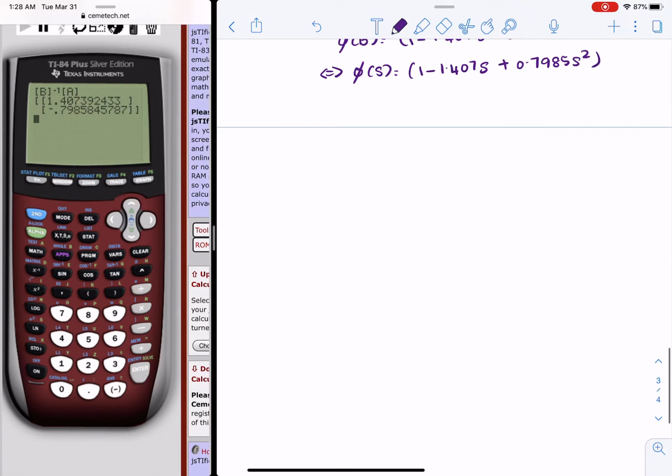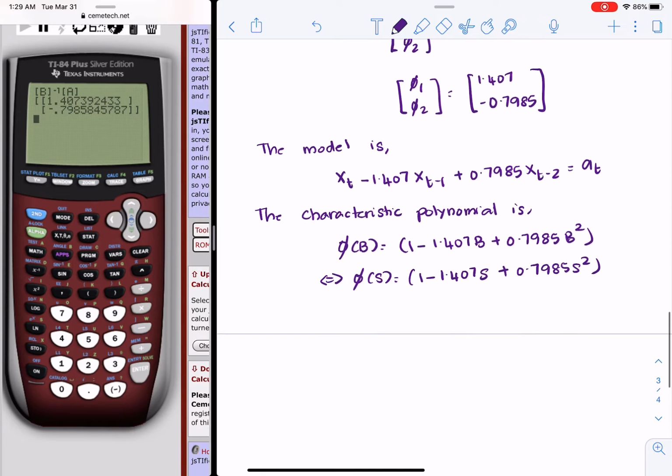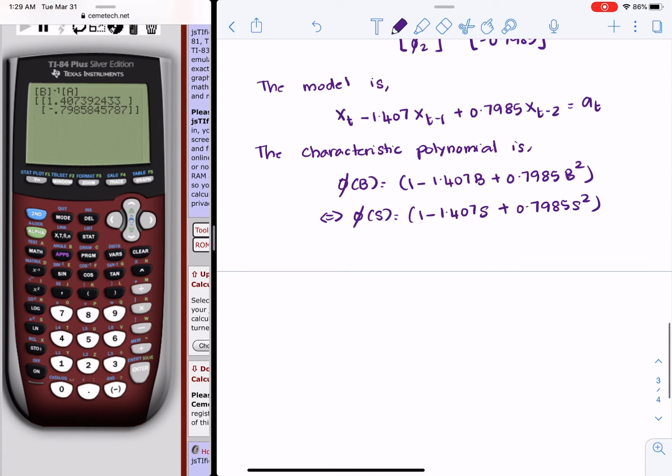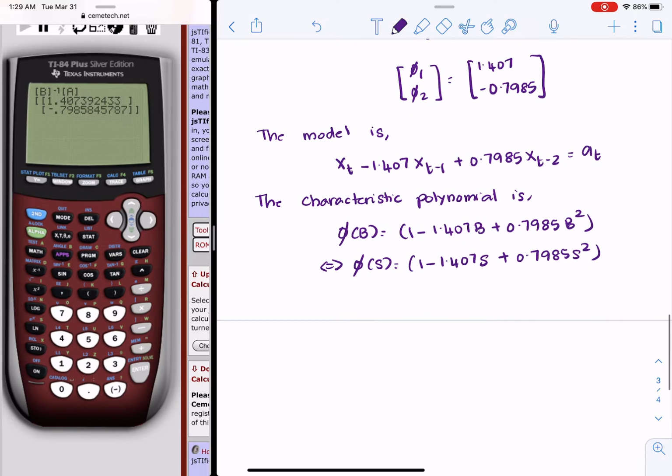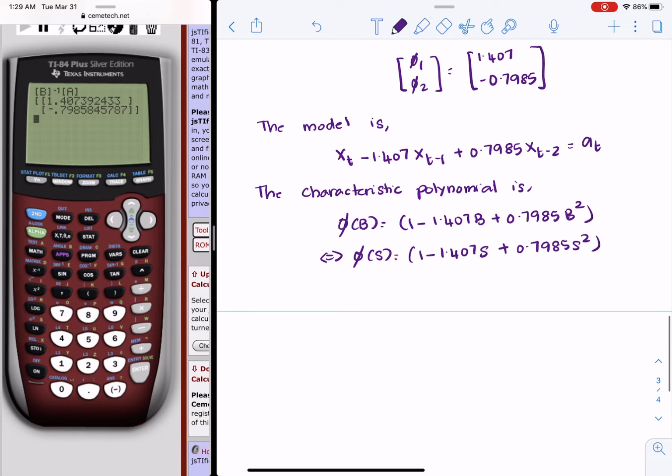So we have to use the quadratic formula, and if you use the quadratic formula, we are going to get complex roots in this problem. Oftentimes, we have phi1 to be 1.407 and phi2 as negative 0.7985.